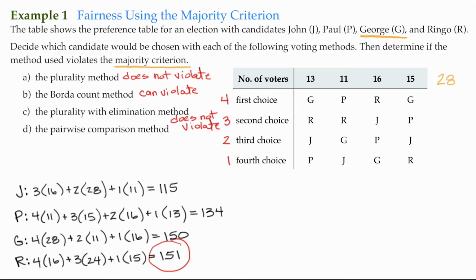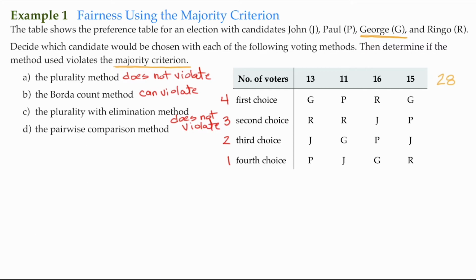And finally, again, if a candidate has a majority, can another candidate win the election using the pairwise comparison method? So we'll give it a try. But keep in mind that if a candidate holds a majority, then that candidate will always beat any other candidate in a head-to-head comparison. But we'll go ahead and check it out anyways.